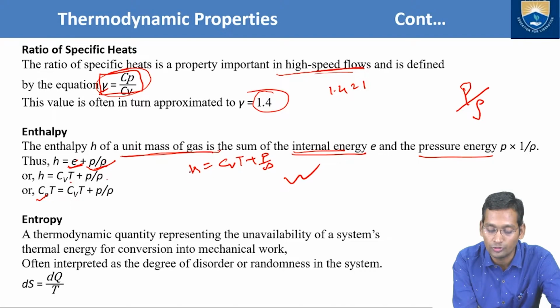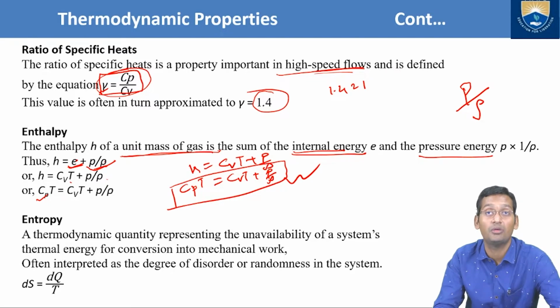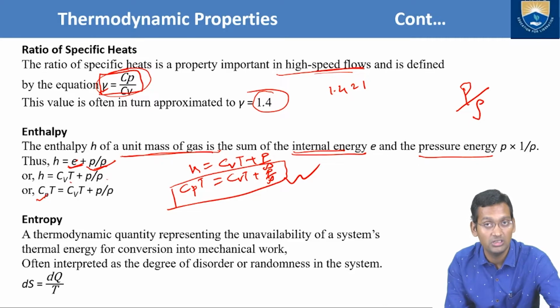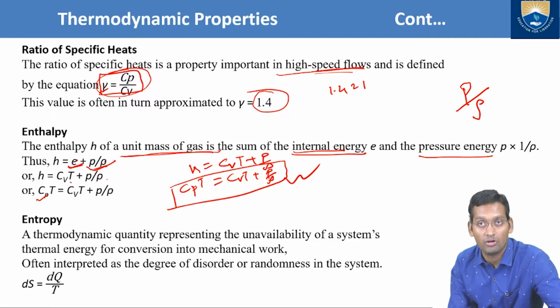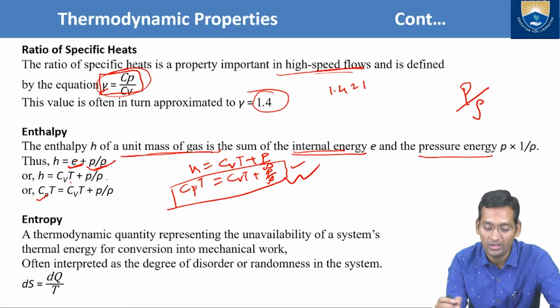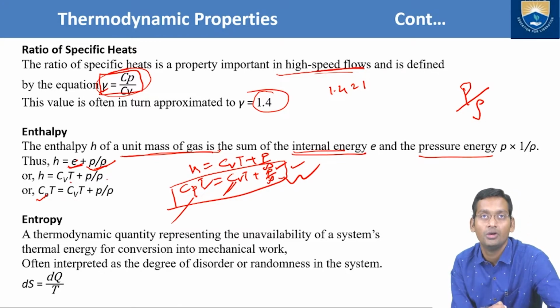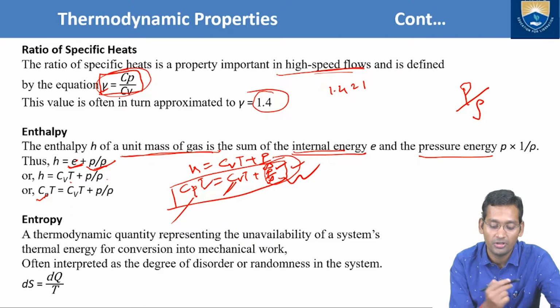Now writing for H also: Cp T equals Cv T plus P by rho. So this is the enthalpy formula in terms of the specific heat at constant pressure, the specific heat at constant volume, and then the pressure energy. Just see what terms are involved: Cp, Cv, the temperature increase, then the pressure and density of the fluid.